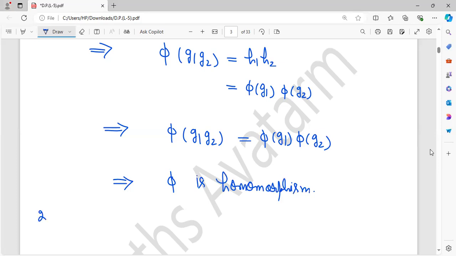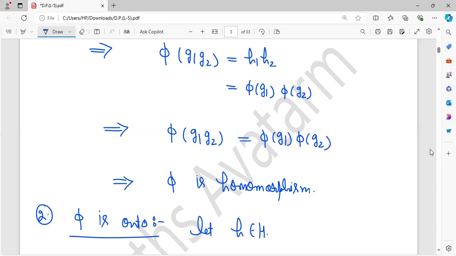Now second, phi is onto. Let h belong to H. Then put g equal to h e, which belongs to G, and phi of g is equal to h.